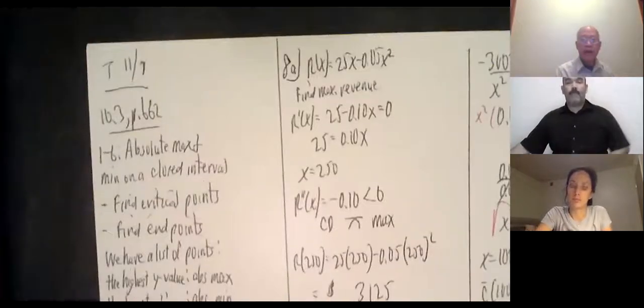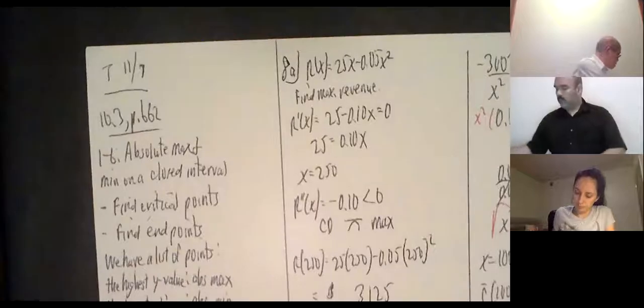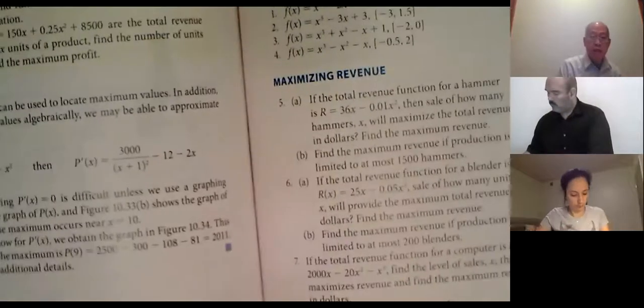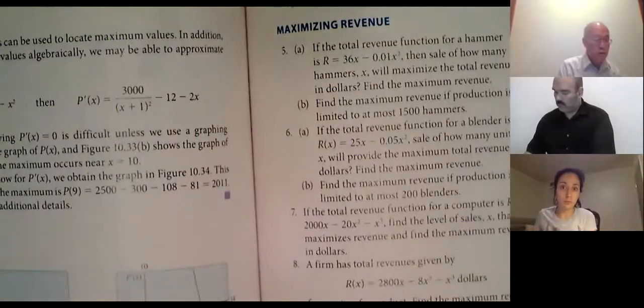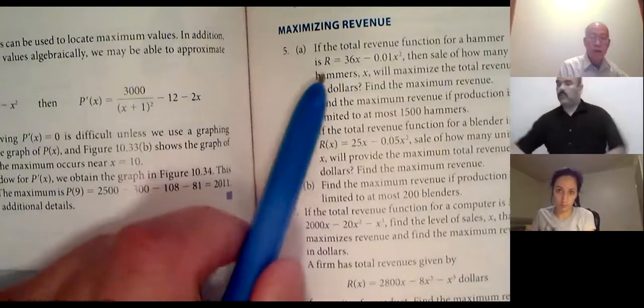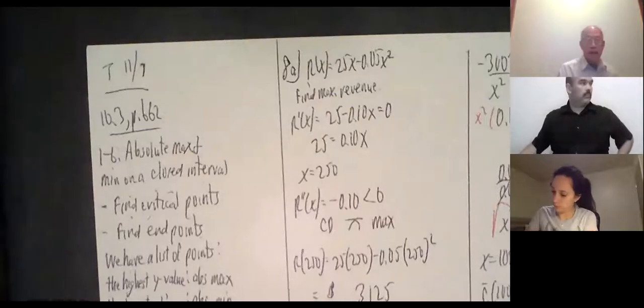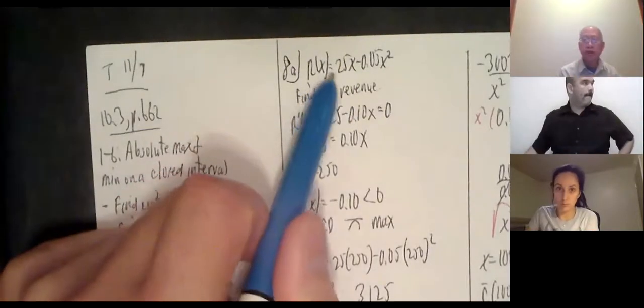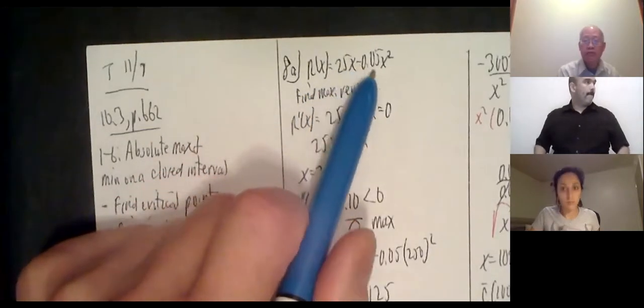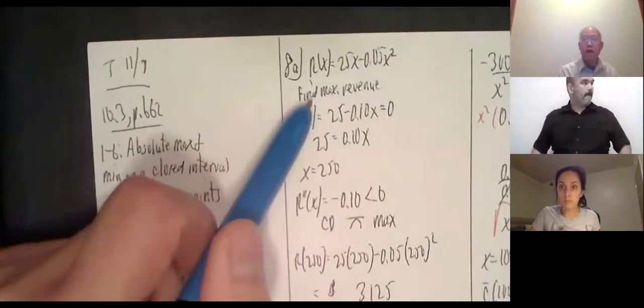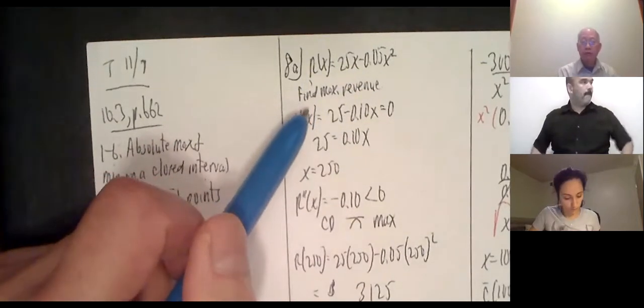Okay, now my 8A. Again, maximize revenue. They'll give you a function and you might want to maximize it. So my 8A, the revenue function is 25x minus 0.05x squared. So find the maximum revenue.